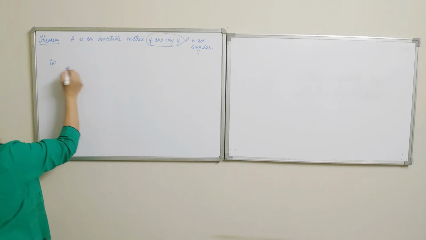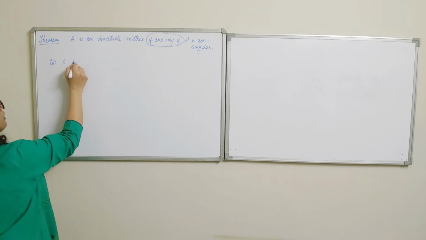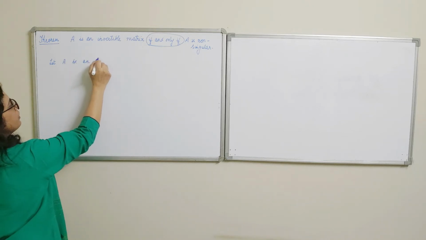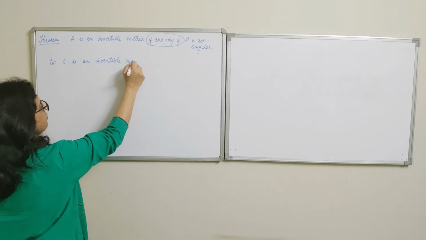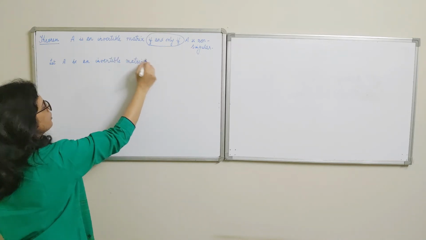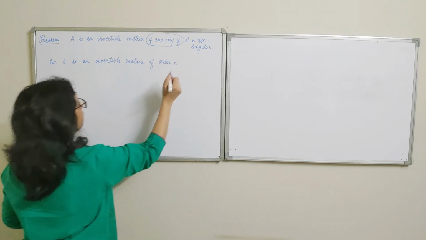So let us start by the assumption that A is an invertible matrix. So let A be an invertible matrix of order n.